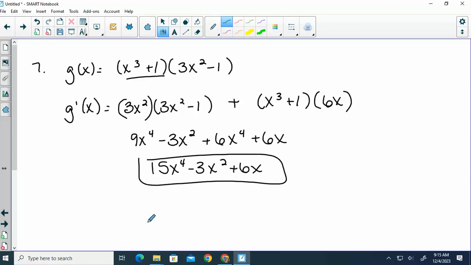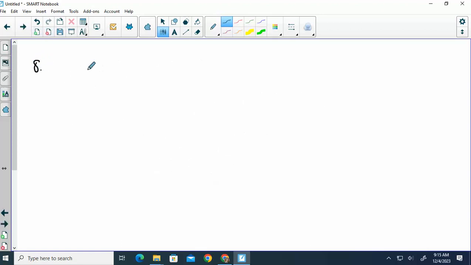Is this helping you guys? Number 8. Let's look at this one. So 3 parts. Problem A. So this derivative, we just have to do the chain rule.